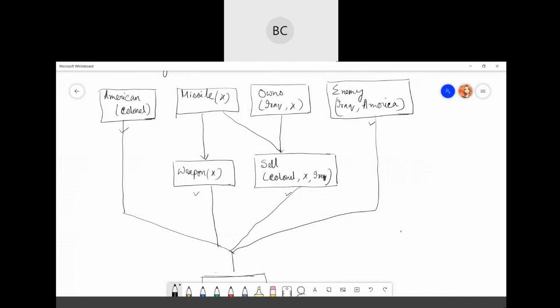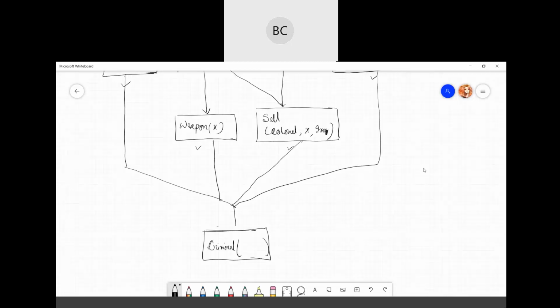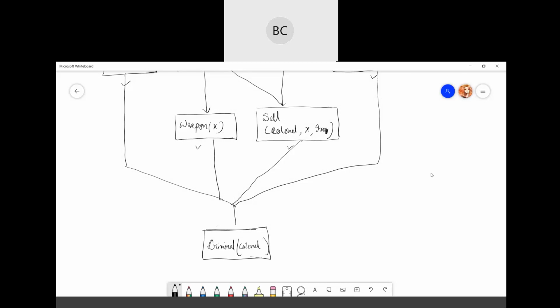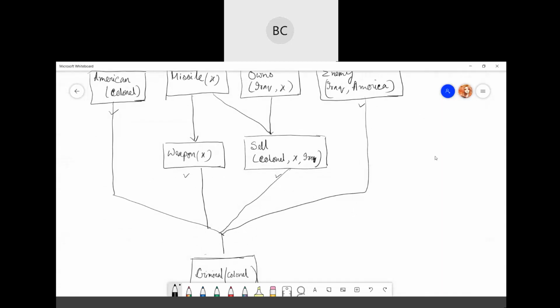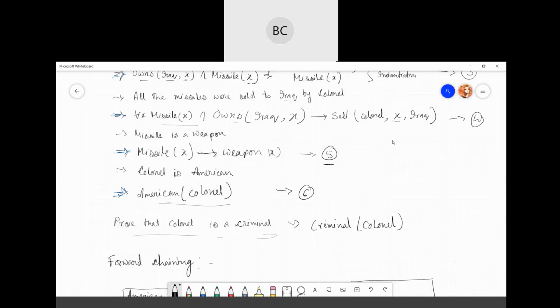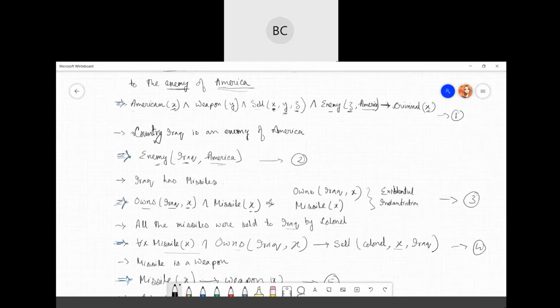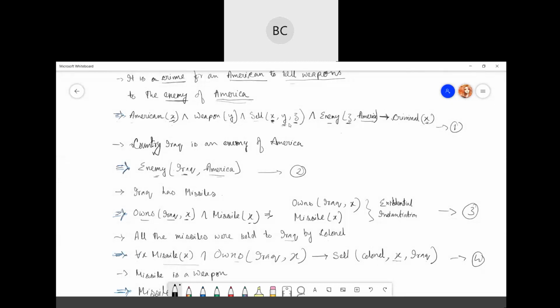But we only care about the American colonel because here in American, colonel is the X. So I can write colonel. Here weapon is also X and the missile is also X. Okay, just don't get confused. Whatever variable we are concerned with, we just take that one. So here weapon is X, but in the main fact weapon was Y and missile was also Y. Then the criminal was X.